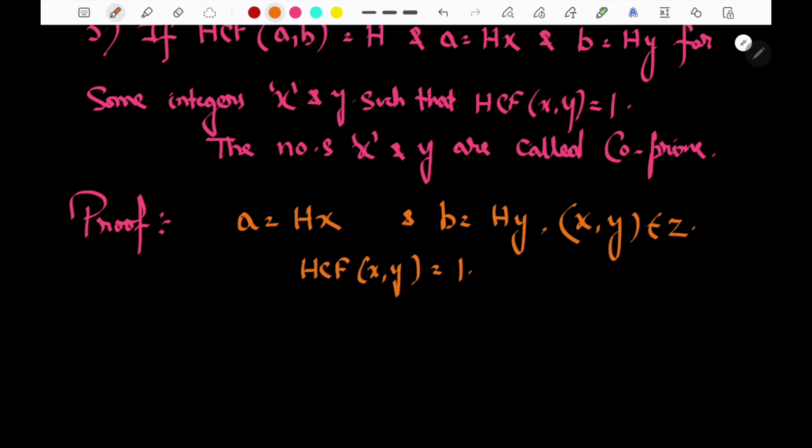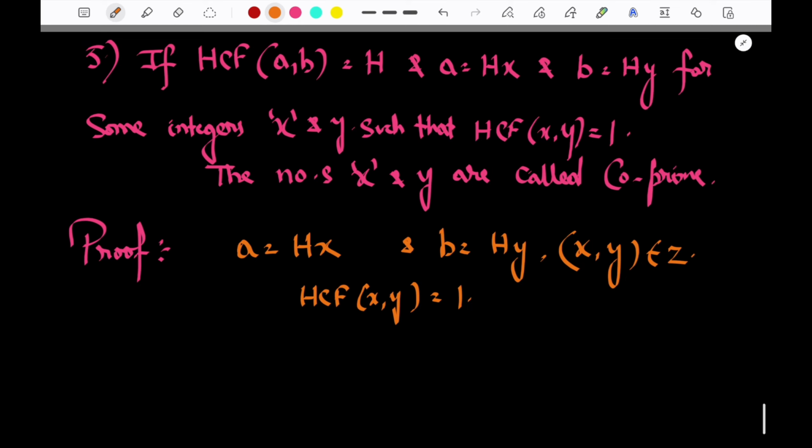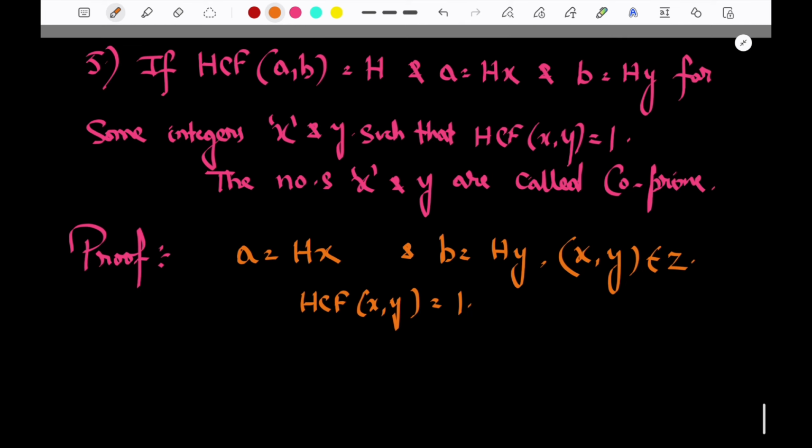Now this is easy to prove, but remember one thing. Here we are saying that if A is equal to hx and B is equal to hy, then HCF of x comma y is 1.